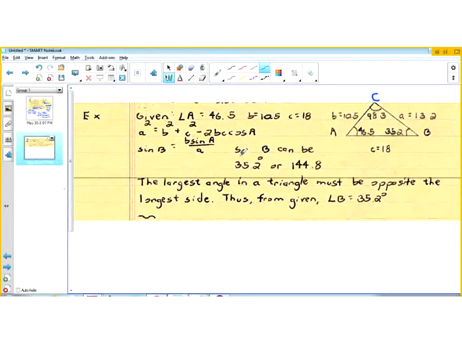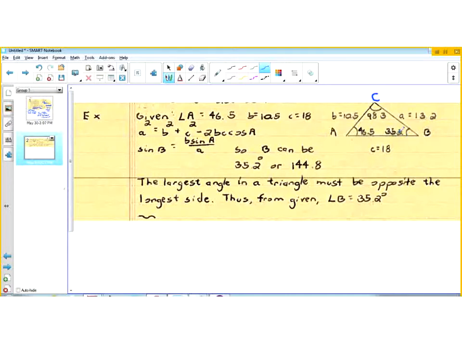In this case, we have to choose 35.2 because 144.8 plus 46.5 exceeds 180 degrees. Let's see, can we use 144? Yeah. The largest angle in the triangle must be opposite the longest side, and the longest side is C.